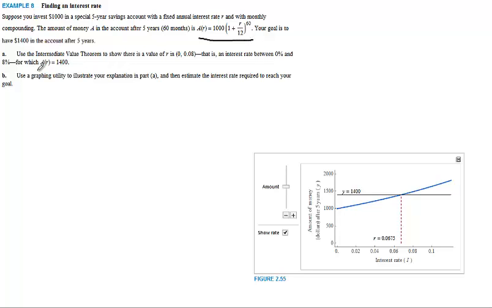Here's my function. I'm supposed to have 1,400 in the account after 5 years, and I'm supposed to figure out what that interest rate would be in order to get that 1,400 in that account. So they've told me that there's some interest rate in between 0 and 8% that'll get it for me, and I'm supposed to figure out what that interest rate is.